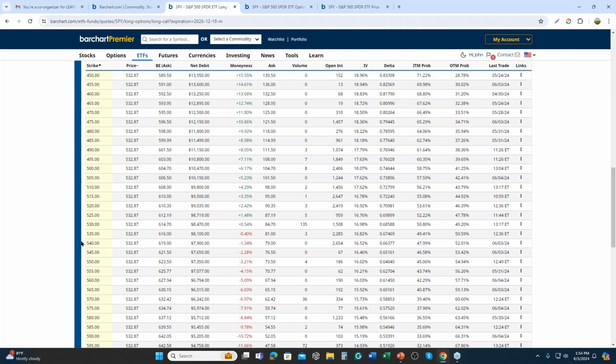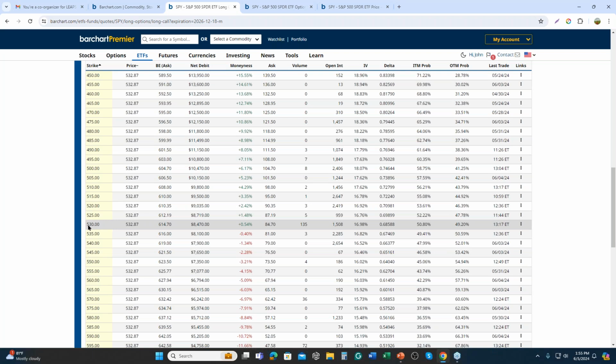First of all, it shows us the strike, shows us the price of the underlying, with something called the BE, or break even. Now the break even for calls will be the strike plus the ask price of the call. For the puts, it would be the strike minus the ask price for the put. And you can see that.